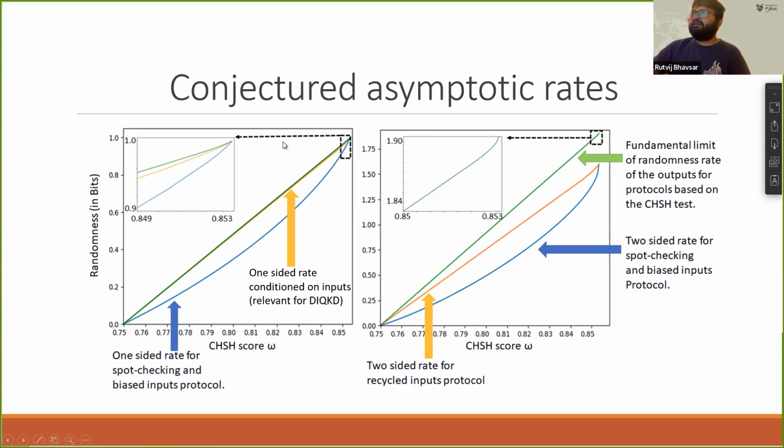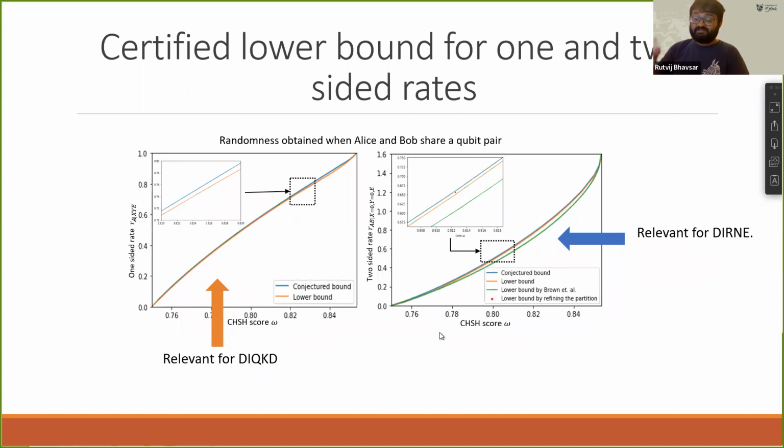So as you can see, the rates we got are here, and for each rate you can see the label for what protocol it is relevant to. Now, the results in the previous slides are still upper bounds, and hence they cannot be used for generating randomness in the protocols. But in 2 cases, we have been able to prove strict lower bounds for 2 entropies. One is relevant for DIQKD, and the other is relevant for randomness expansion, but more importantly for the spot checking and biased inputs protocol.